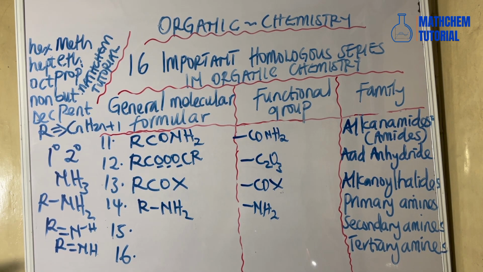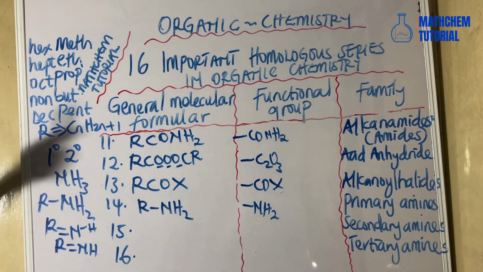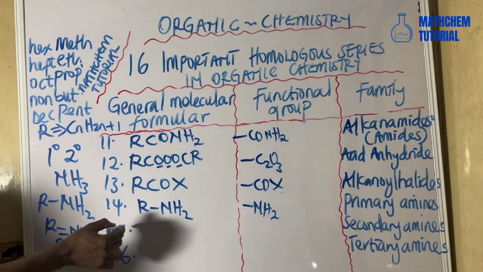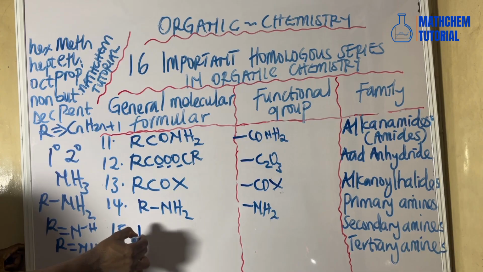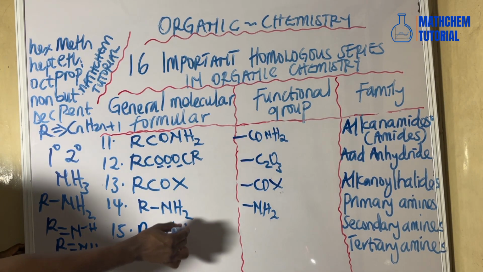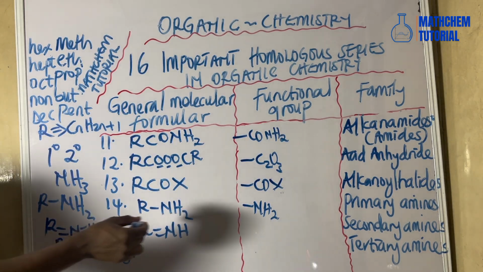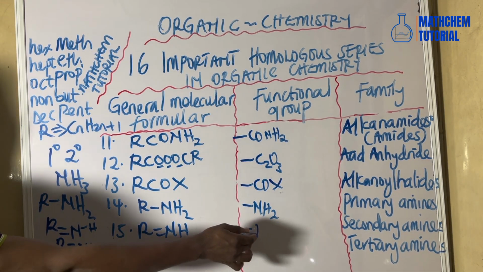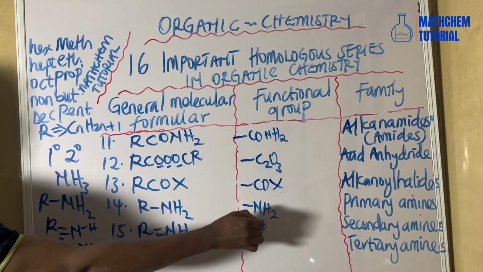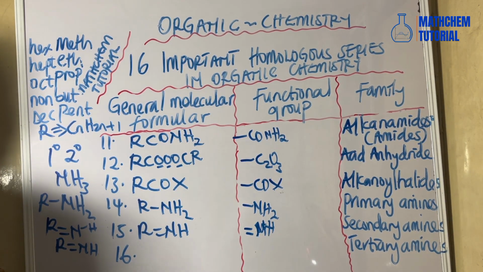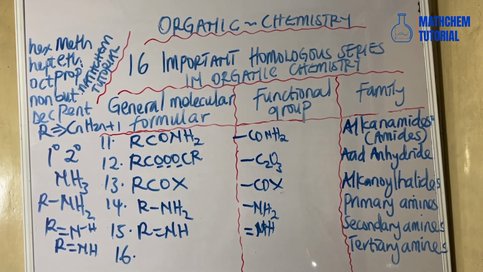So your R here is going to represent CH2 and no more CH3 in case of methyl. So the general molecular formula for this is going to be R double bond NH, and also the functional group is going to be double bond NH. So that is the secondary amine.